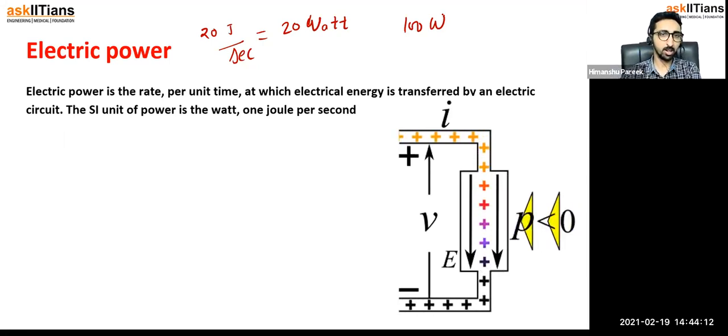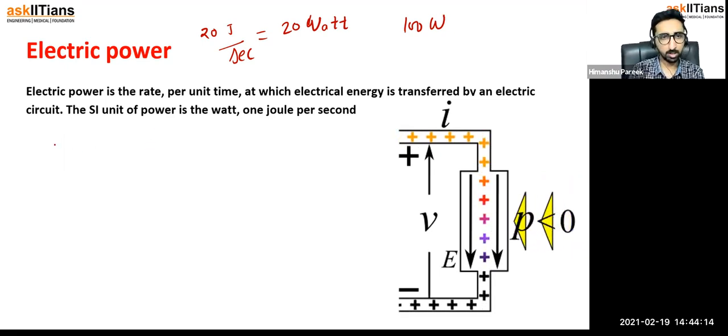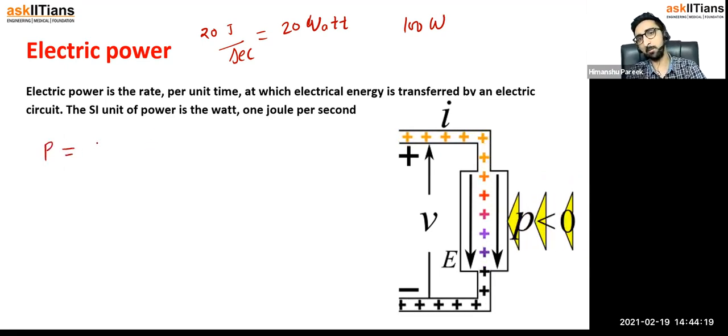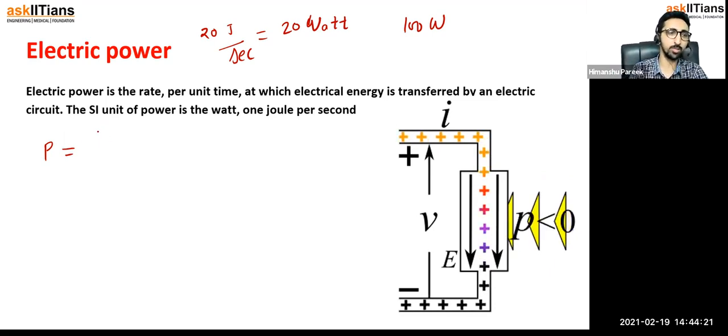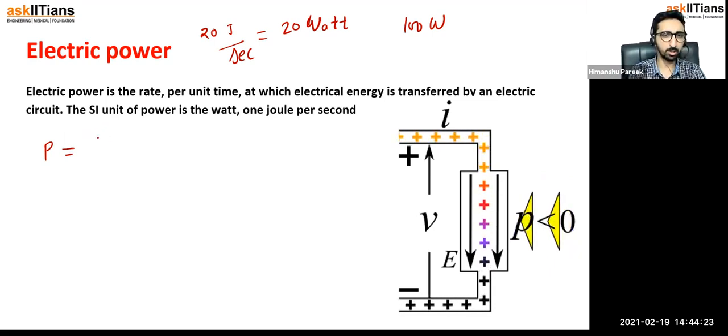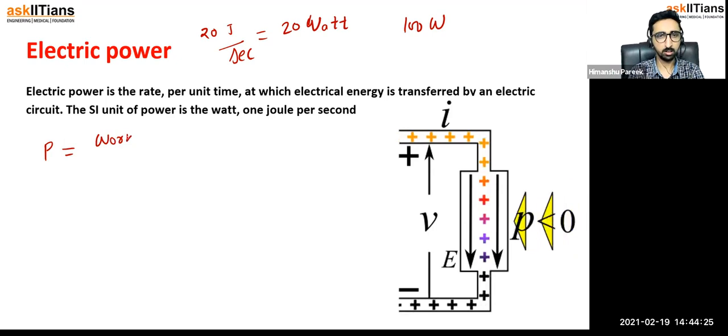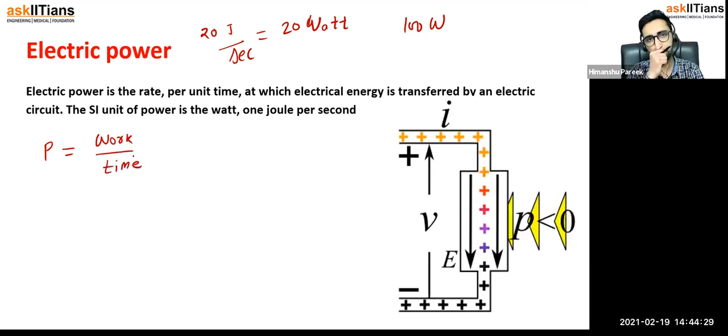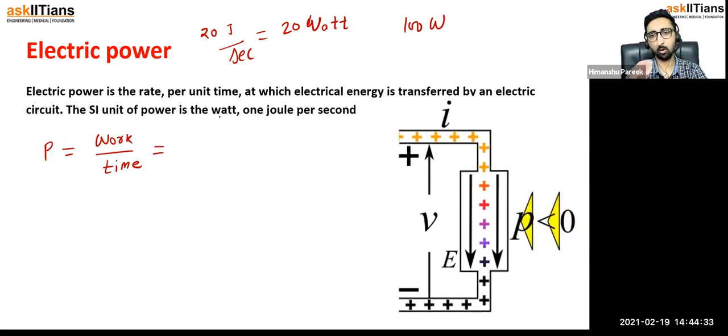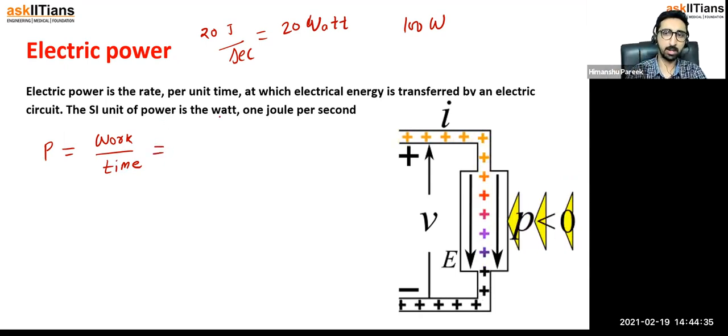All right. Now, electric power. Electric power is nothing but energy supplied per unit time. Energy supplied, or we can say work done per unit time, is the power. If that is the power, then what is the formula for work done? I mean, who is doing work? The battery is supplying the energy.